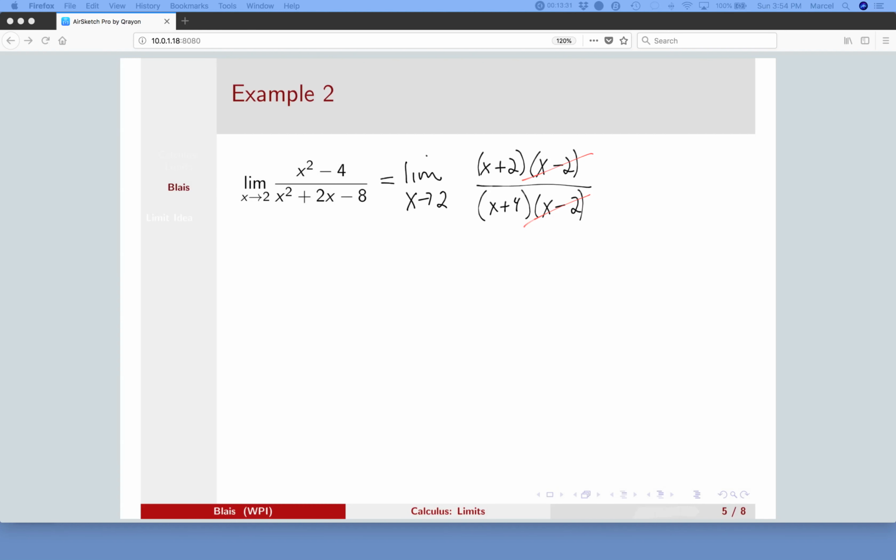And now we see that there's no issue with actually directly evaluating this, plugging in x equals 2. And that is, in fact, how you do this. This is going to be 2 plus 2 is 4, over 4 plus 2 is 6, which is 2/3.